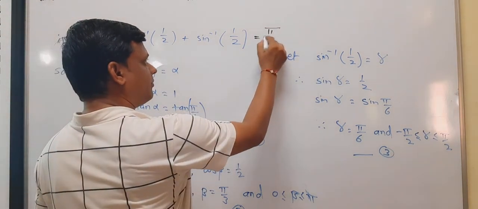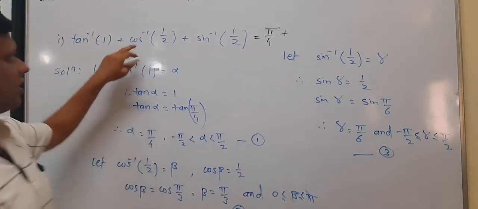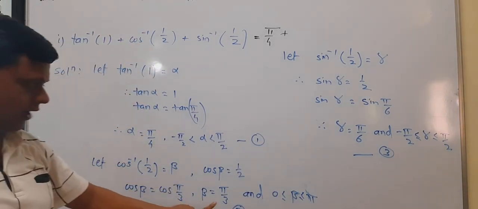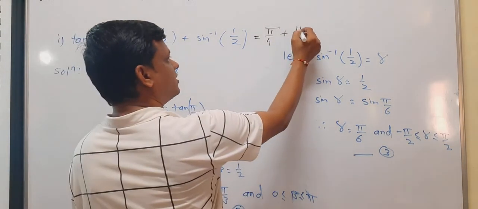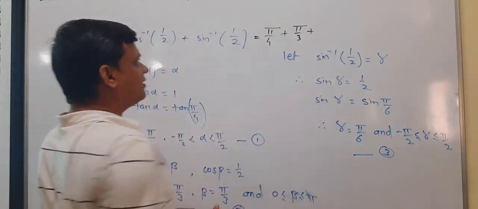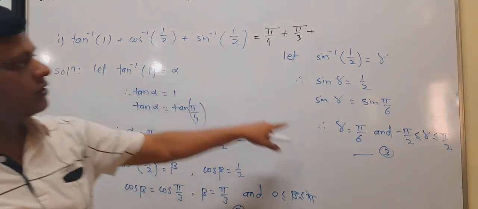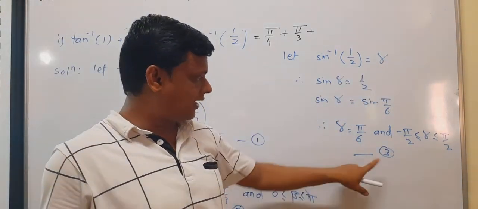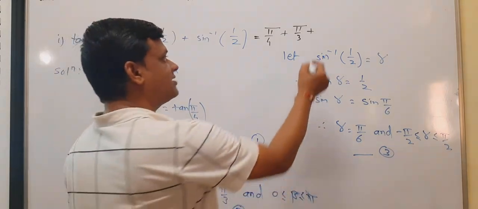So we write pi by 4. Second, cos inverse of 1 by 2, which we considered beta, and the value of beta is pi by 3. So we substitute pi by 3. And the third value, sin inverse 1 by 2, which we considered gamma. So we write the value of gamma, that is pi by 6.